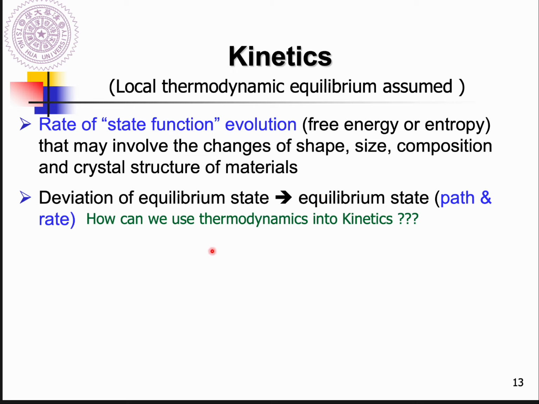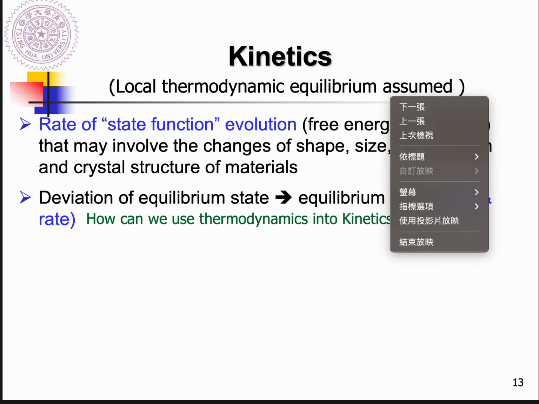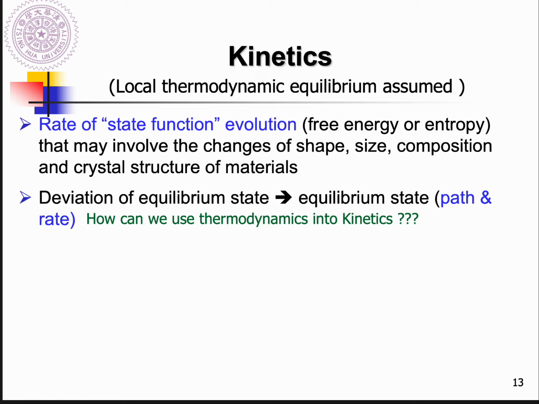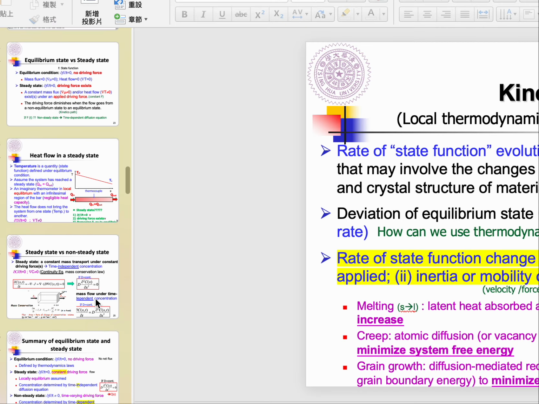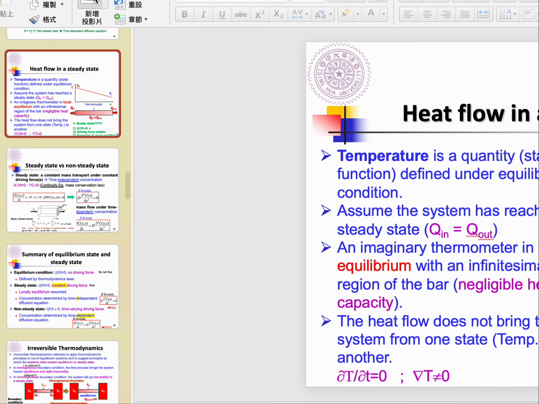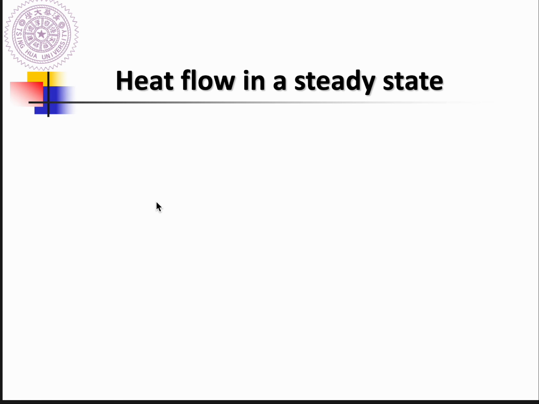But in order to use the energy state function we derived in thermodynamics, we will make a very important assumption: we will assume local thermodynamic equilibrium. In this case, I can give you some examples to describe it. So let's move to this one. Okay.